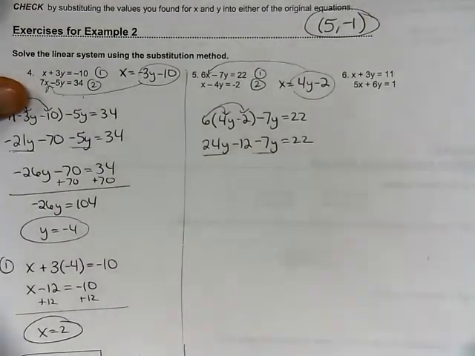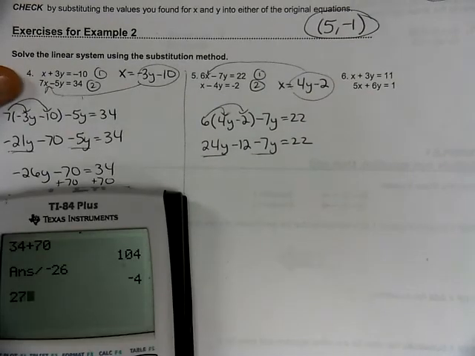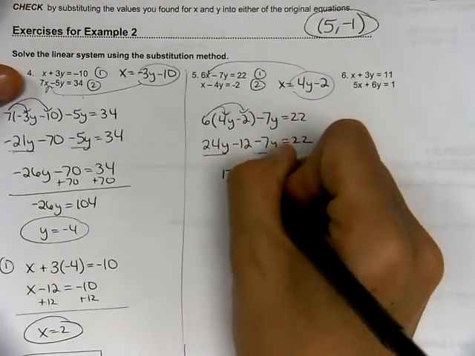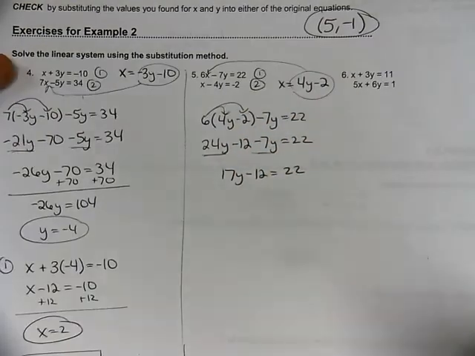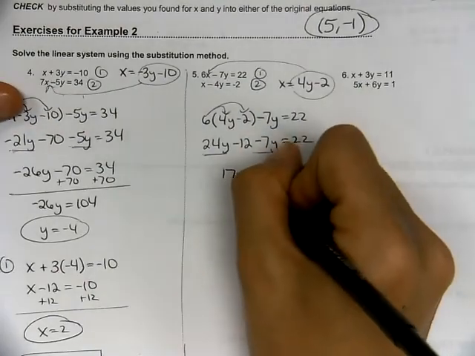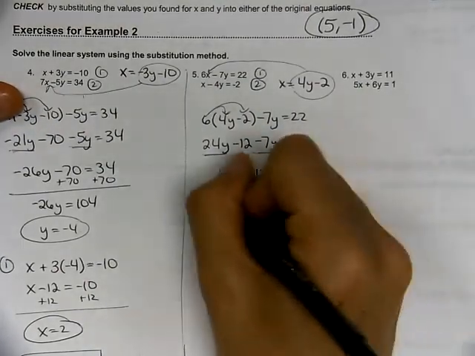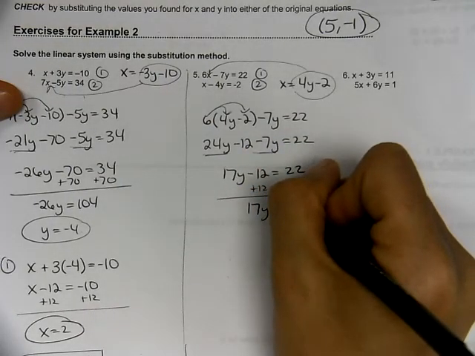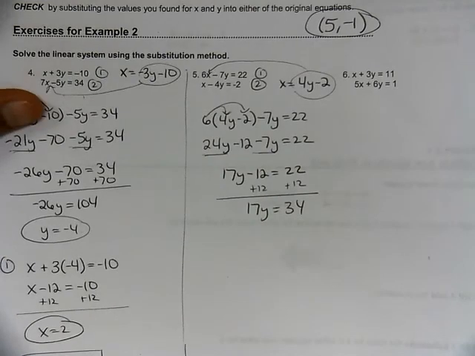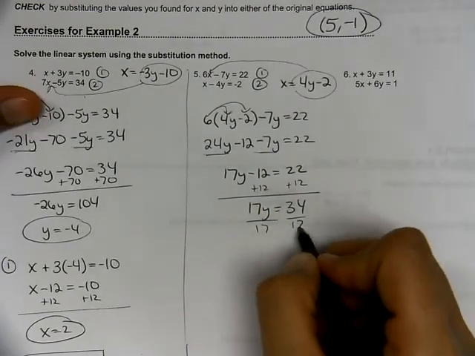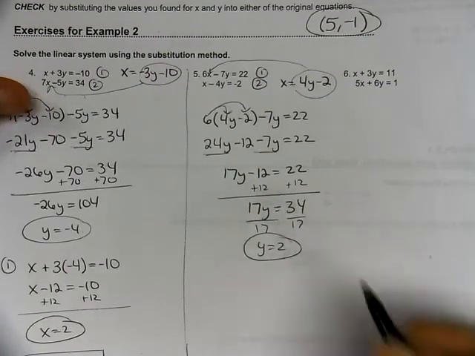Combine like terms. 24 minus 7 is 17y. Then you add 12. 17y equals 34. Yep. So y is 2.